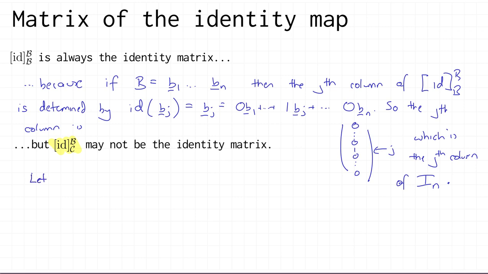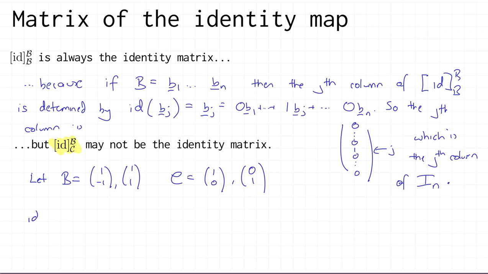So let's say B is going to be the basis (1, -1), (1, 1), and C is going to be the standard basis for R squared, (1, 0), (0, 1), and what would be the matrix of the identity with respect to initial basis B and final basis C?